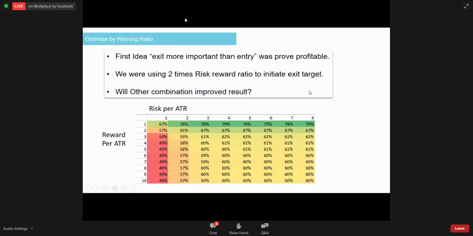Then the other topic is the winning ratio. Usually many people will try to search for trading strategies with the highest winning ratio, because if you are trading with a 99% winning ratio, it means your trading psychology will be eased and you will be a happy man everywhere. You walk here, walk there, go to the toilet, you also feel very happy because your winning ratio is 99%.